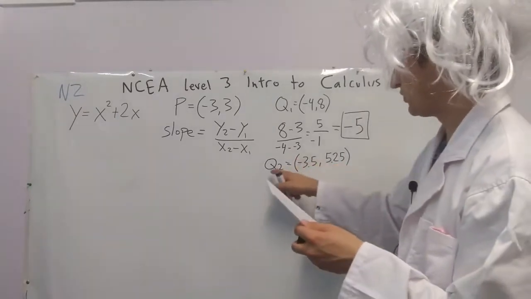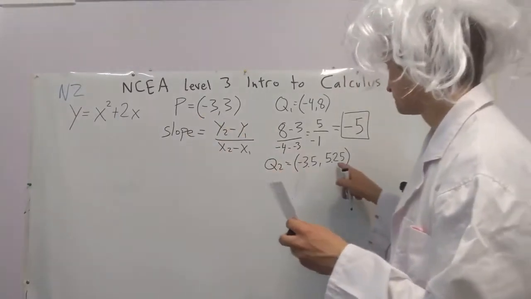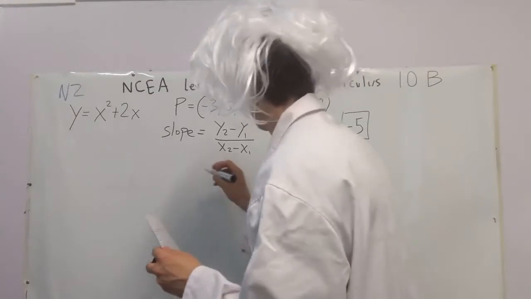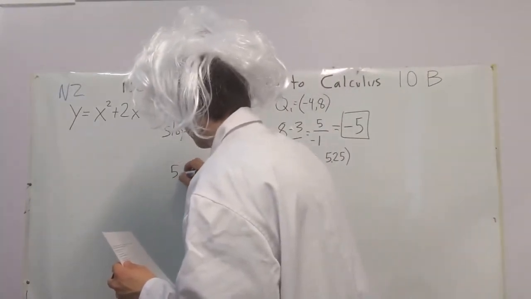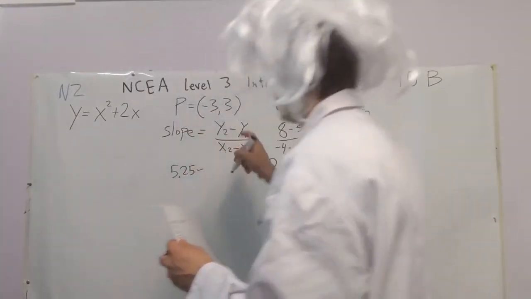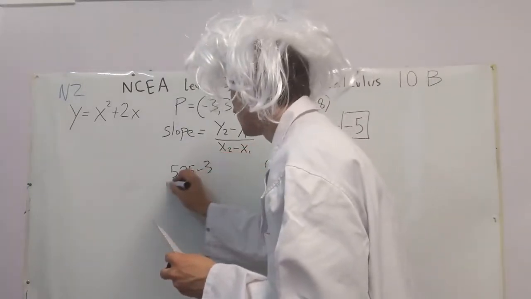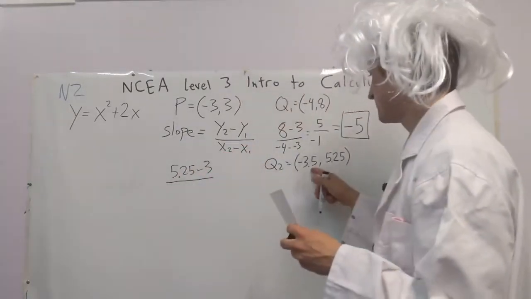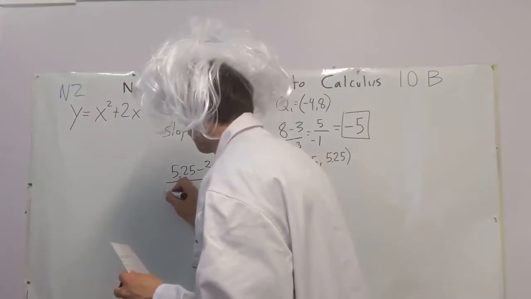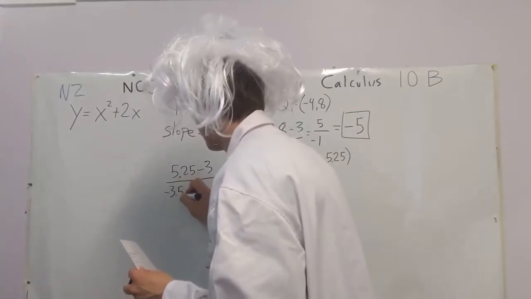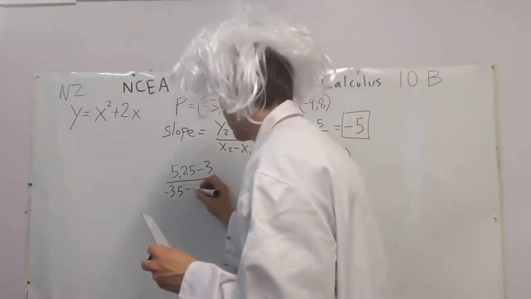Calculate the gradient between this and this. So we go 5.25 minus 3, divided by -3.5 minus -3.